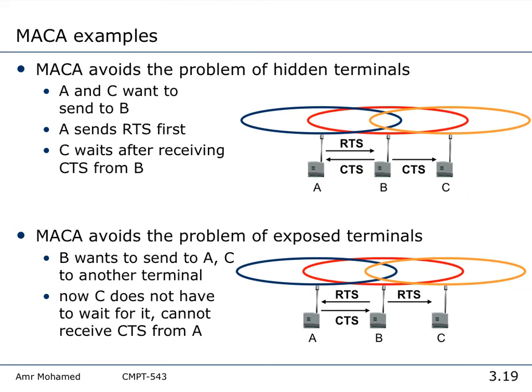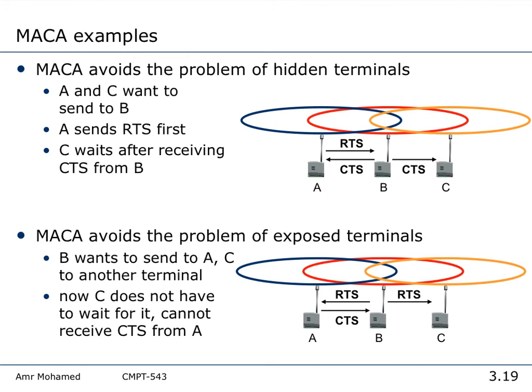This happens if we send the data transmission, and we remember that data transmission is huge, the duration is very long, so C will have to wait for like 100 milliseconds, not trying to do anything, in order to have no collision at B.